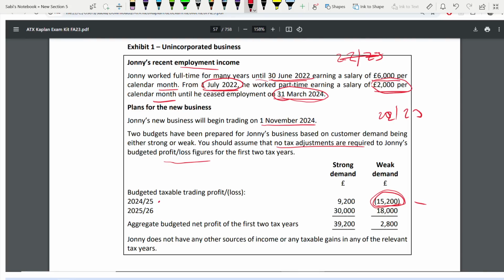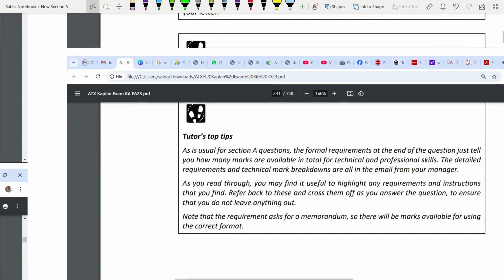That's why in any tax year from 22-23 onwards, he is earning 2000 salary per month. Of course, in 22-23, it will not be the entire 12 months because it starts from July, it will be less. But the point is, he has been earning 2000 since then. That's the only income he has.